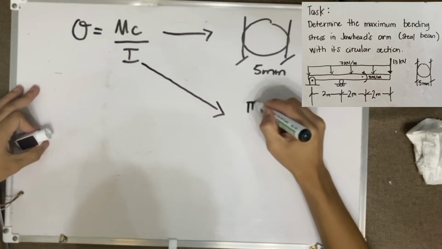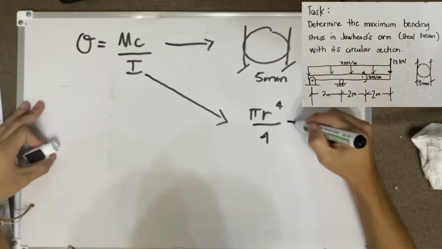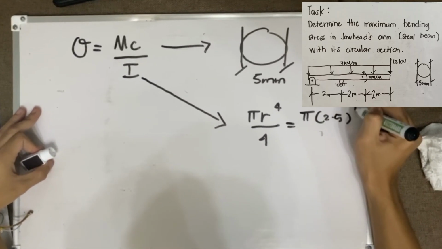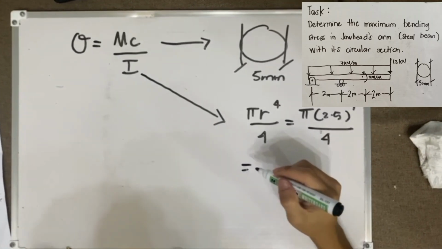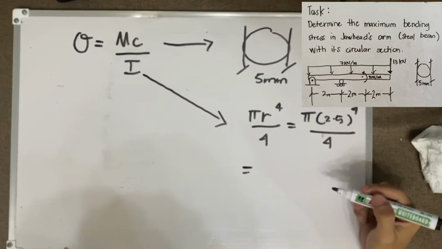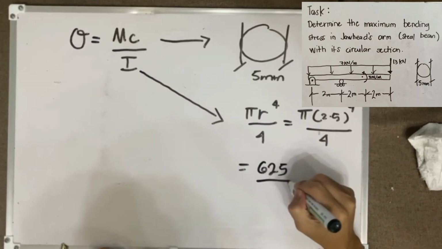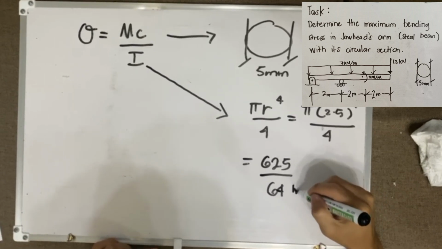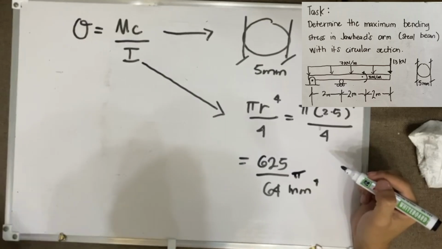And our moment of inertia will be from the formula pi r to the 4th over 4, simply plugging in the radius of 2.5 from the 5 millimeter diameter. We will have a moment of inertia of our circular section of 625 over 64 pi millimeter to the 4th.